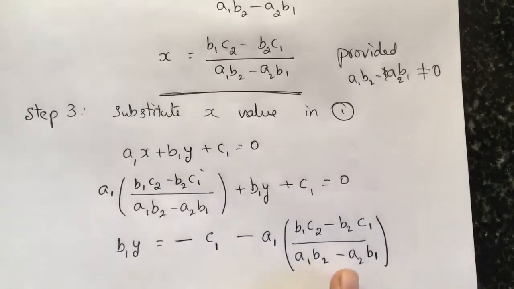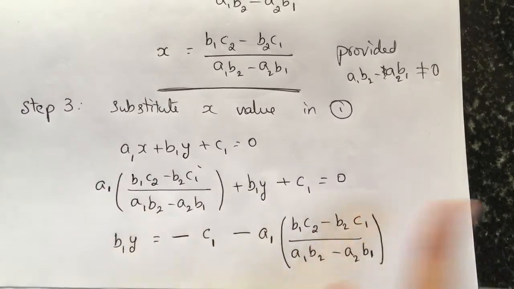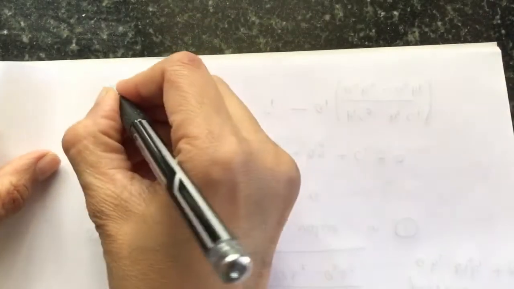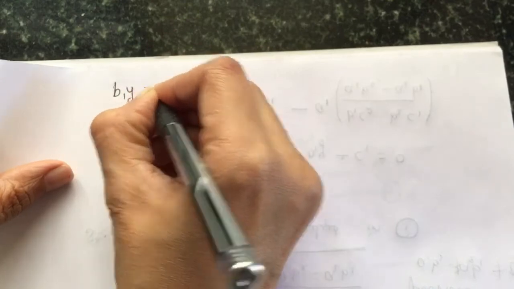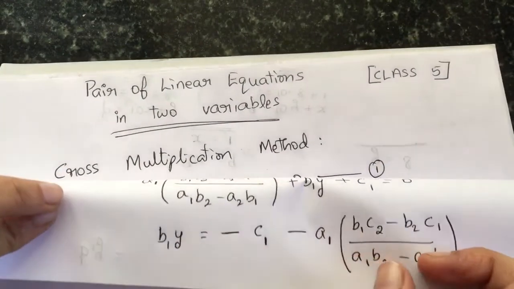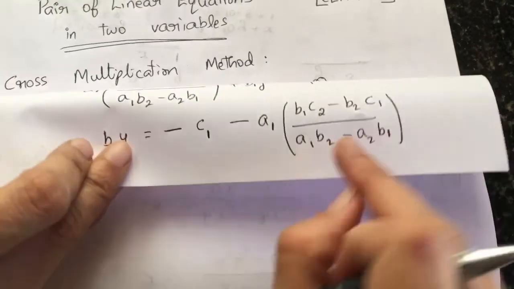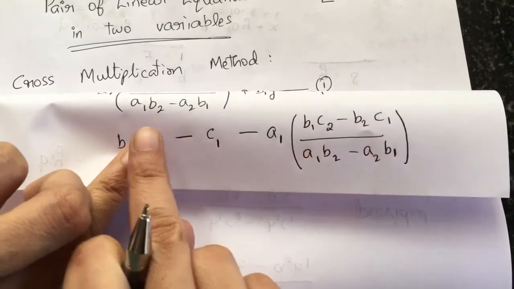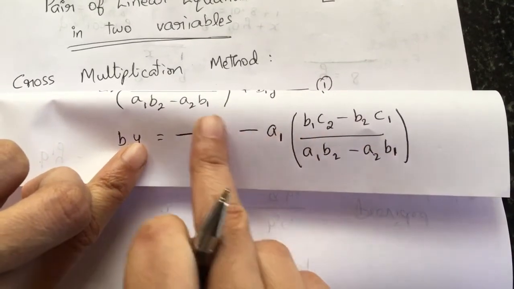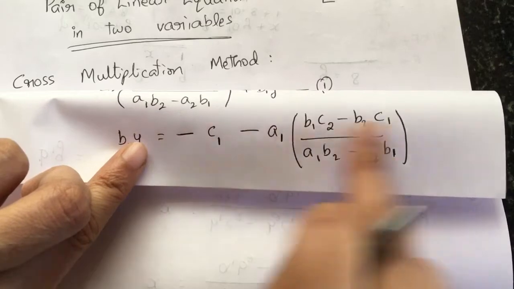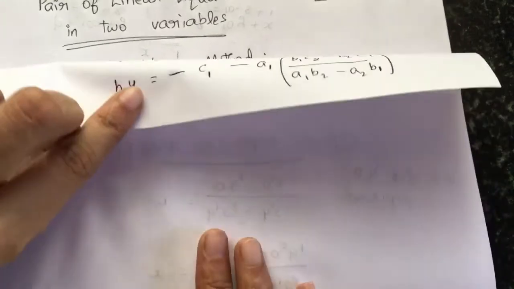Now I'll simplify this part. I'll keep b1y as it is. Here, see, this I'm taking to this side. I have to multiply this to this, so that this will be the denominator.